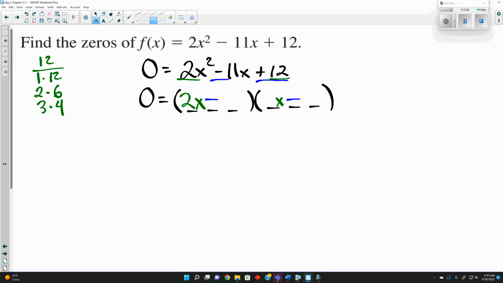Now, again, we said there's no greatest common factor to begin with, yes? That also means that in either one of these sets of parentheses, there can't be a common factor. So if we used 2 and 6, 2 can go into these here, yes? Anytime we have a common factor, we can factor it out. So I could pull that 2 out, telling us that we have x minus 1. But if I have a greatest common factor here, it meant there was one to begin with.